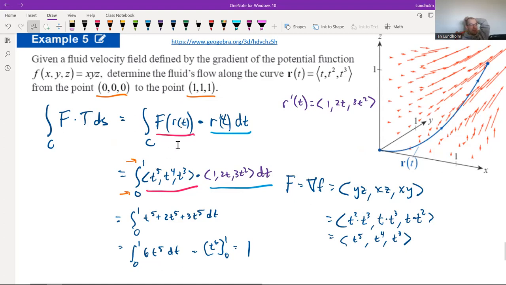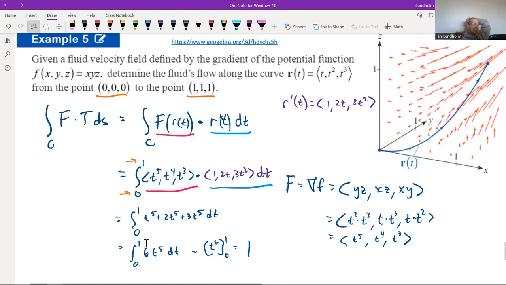There is our force field vector, because we're just plugging all of these into this gradient function. So we get a bunch of t things. Here is r prime of t. We dot product those two vectors together to get these.